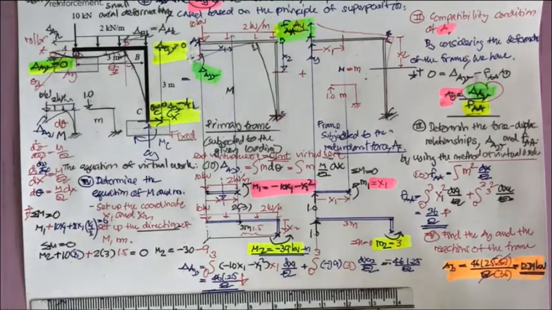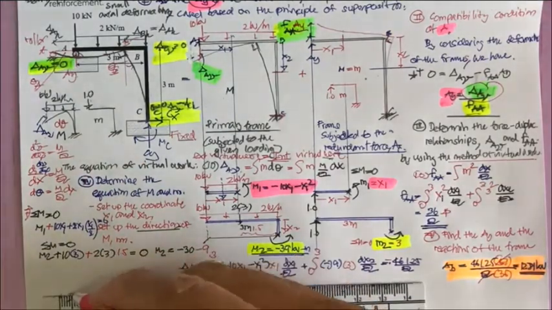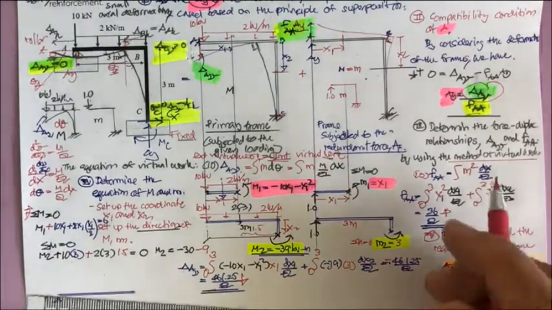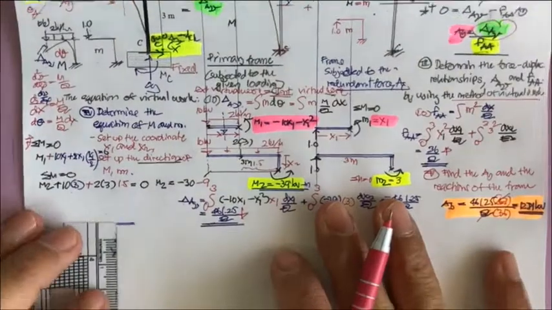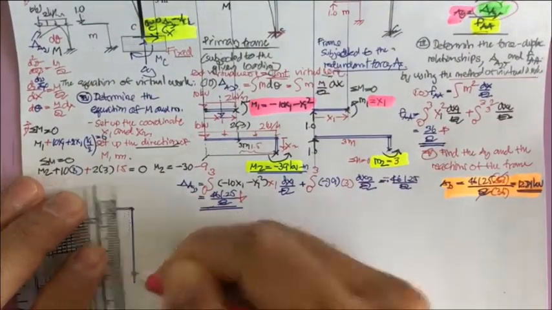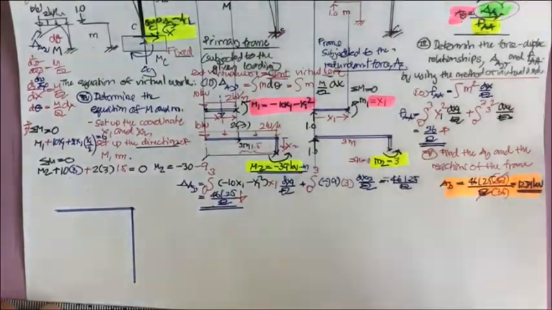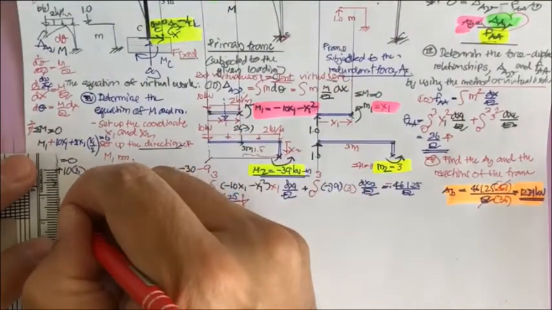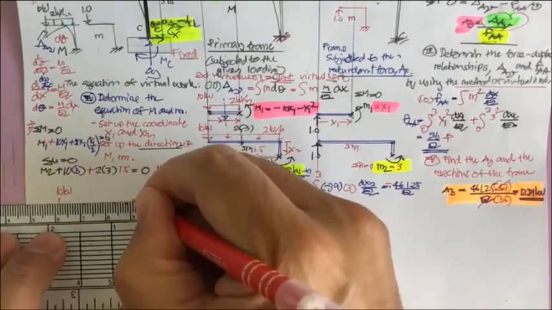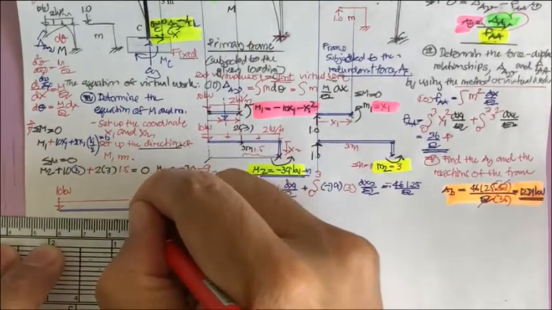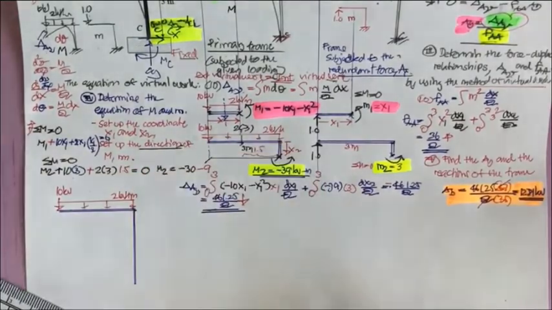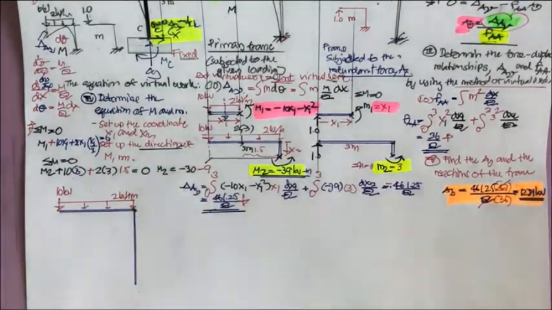Just put this one is 3. I mean the reaction here, okay, 3. And you also have this one for 3. And your frame is subjected to 10 kilonewton. And this one is 2 kilonewton per meter, and you have the reaction.